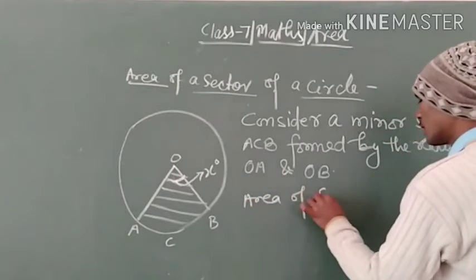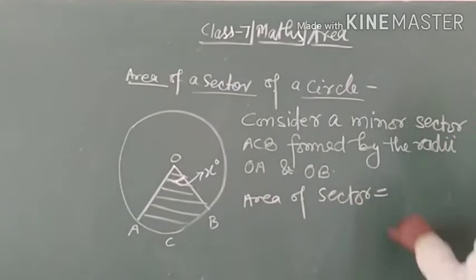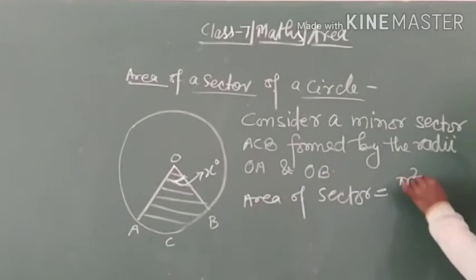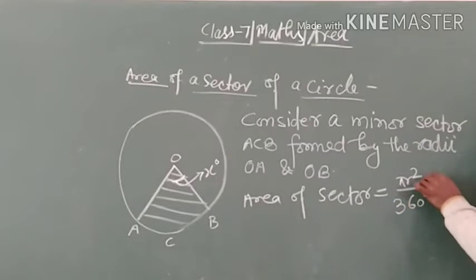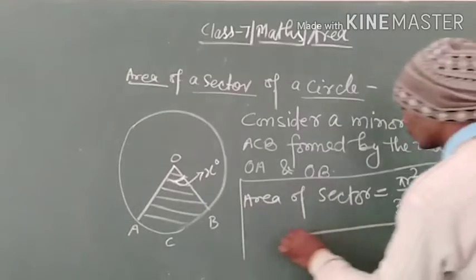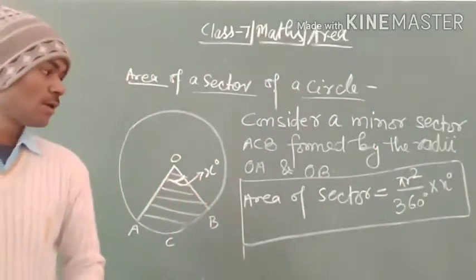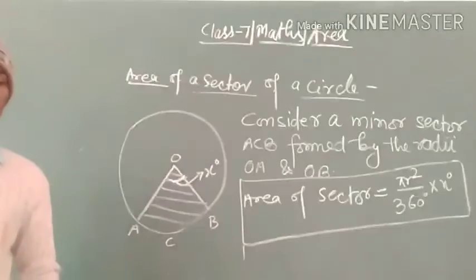Area of sector is equal to pi r square upon 360 degree multiplied by x degree. So this formula will be used to solve problems based on area of a sector.